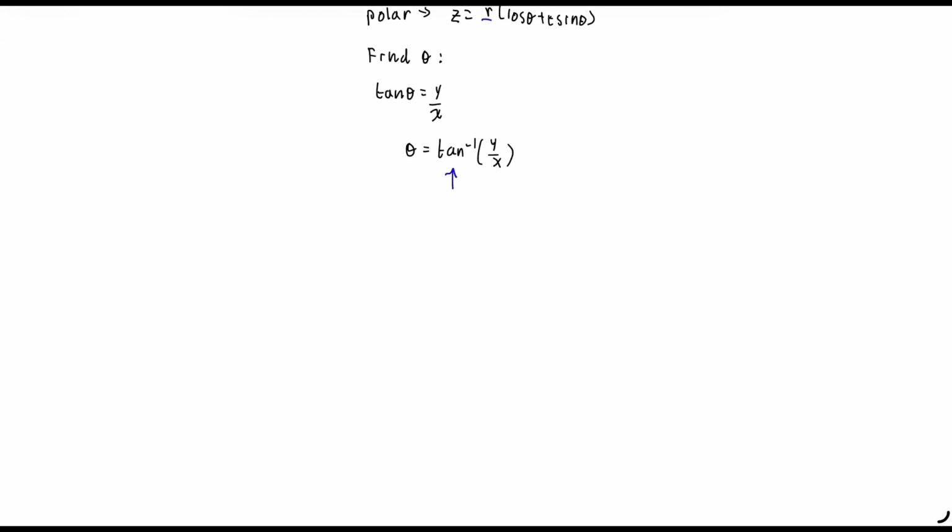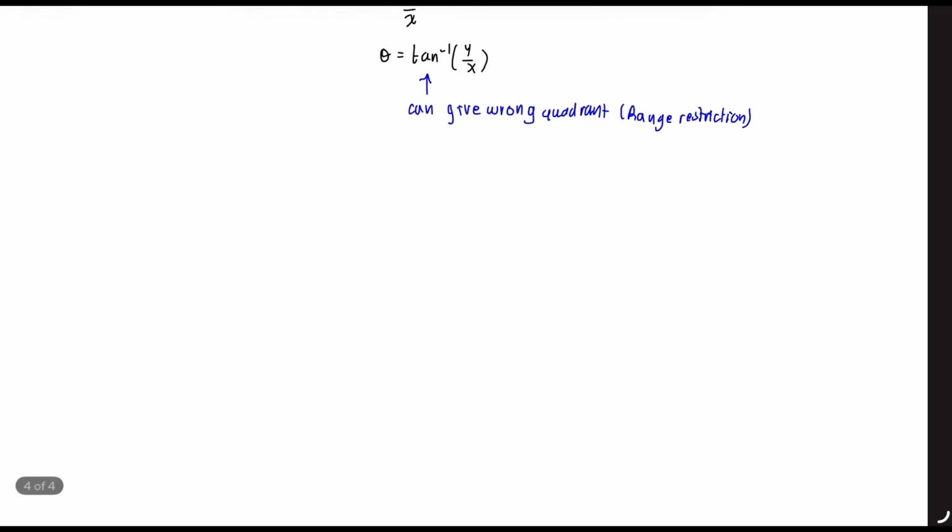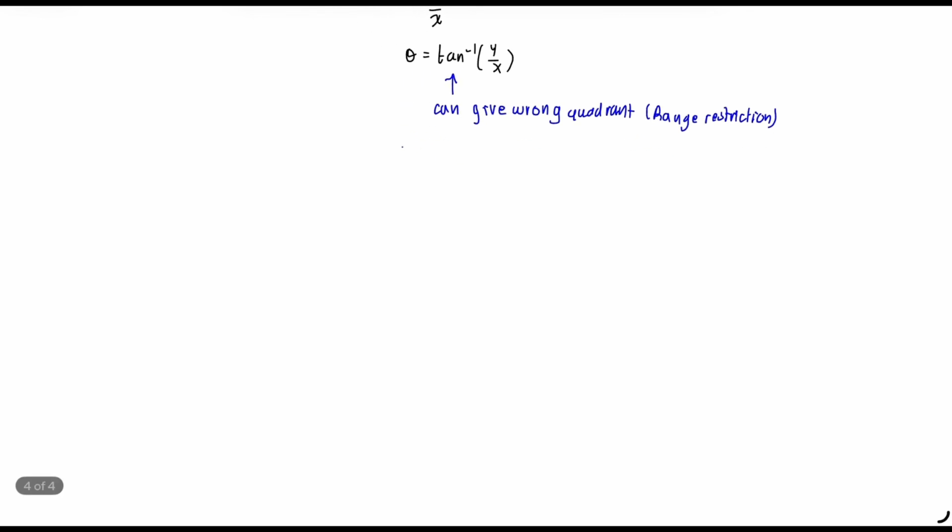However, tan inverse can give the wrong quadrant, and that's because of its range restriction. Therefore, you must use the signs of x and y.